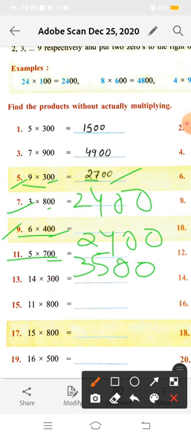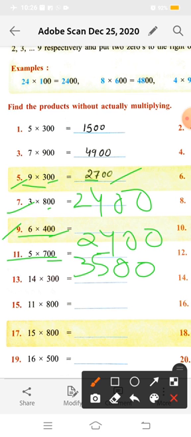Okay, so students, like this you have to complete all the questions on your page number 48. The remaining questions on page number 48 are your homework.